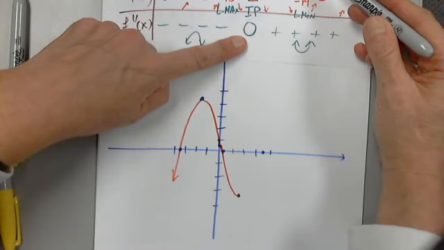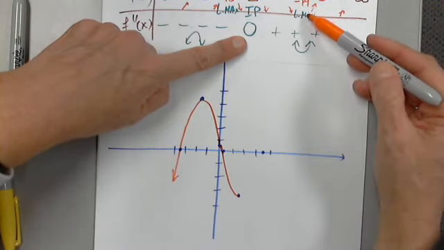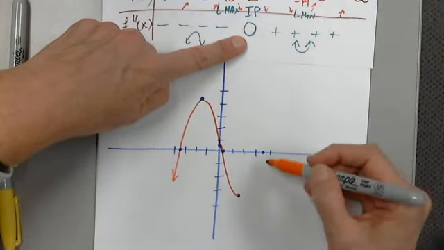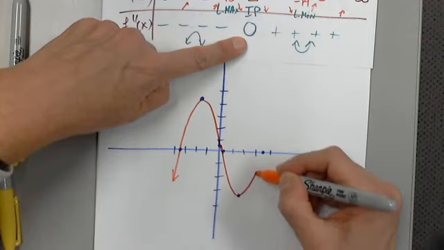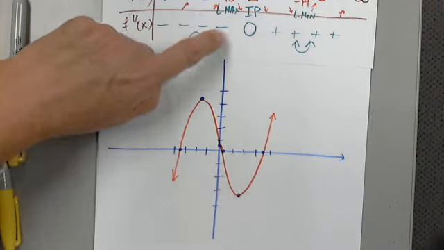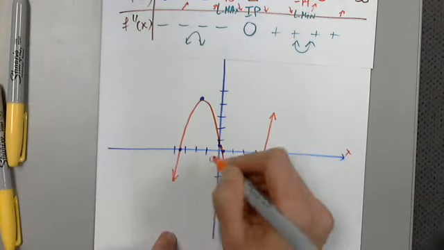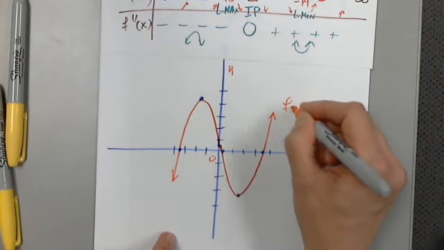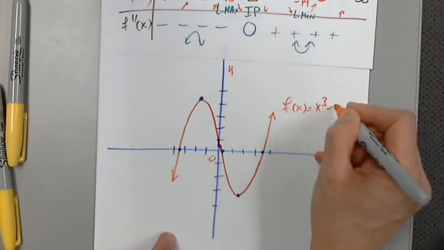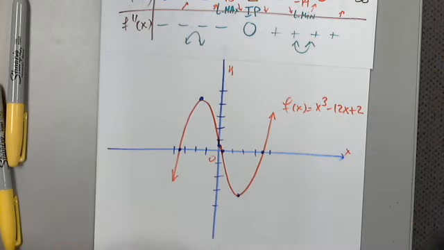It crosses at 3.4 and goes to infinity. So this is the function f of x equals x cubed minus 12x plus 2. Any questions?